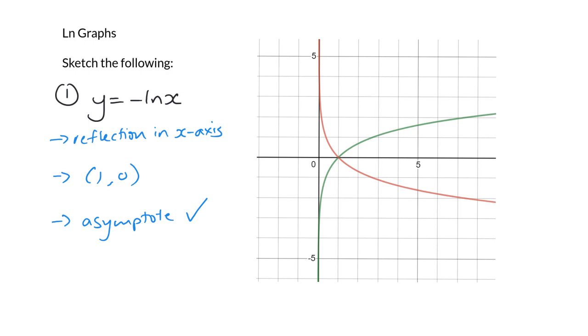So again, our original graph is the green one. That's y equals ln x. So it's going through there at the point 1, 0, and we've reflected this round. So the asymptote, instead of going to the negative y-axis, it will go to the positive y-axis, and that's your y equals minus ln x.